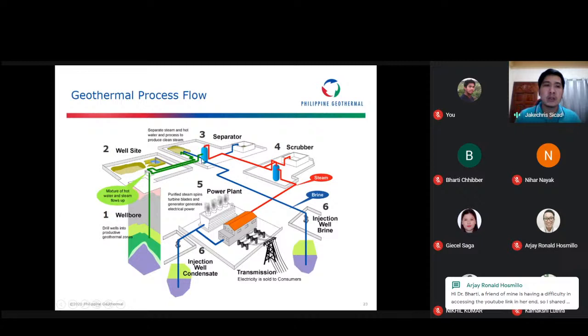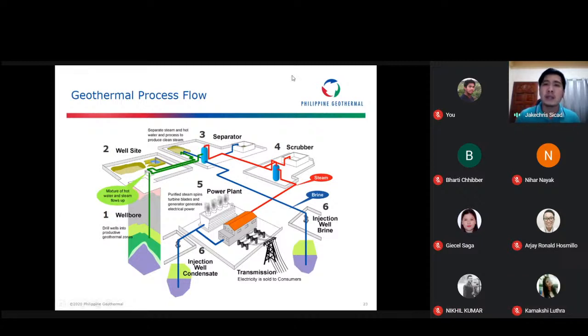The separators separate the steam and the brine into different pipelines. The red ones are the steam, and the blue ones are the brine. The steam goes into the scrubber for further refinement, wherein you produce 99.99% steam quality.